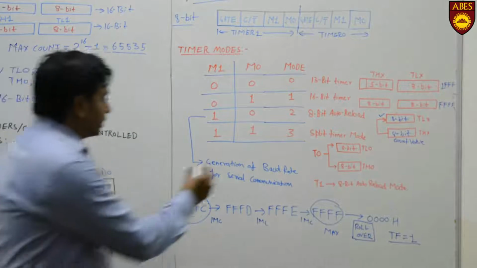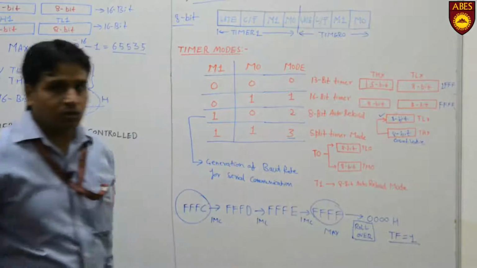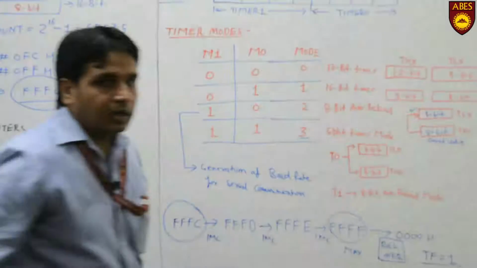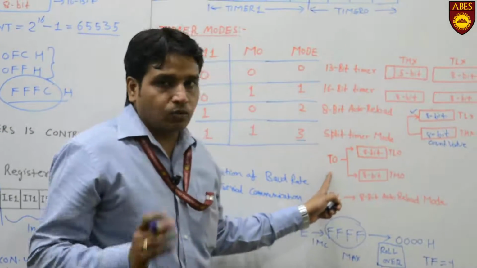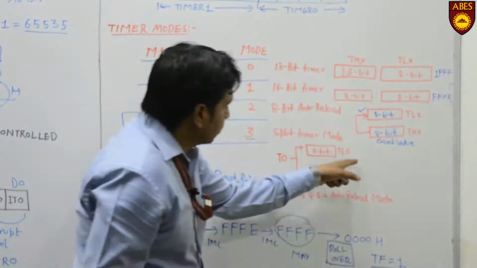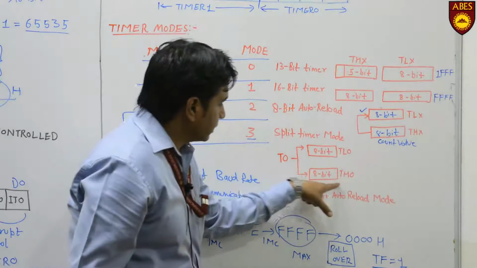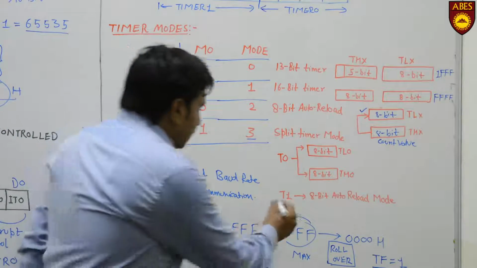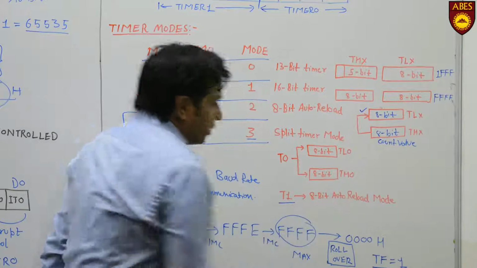Then the last one is mode 3. When the values of M0 and M1 are both 1, mode 3 is selected, and this is called the split timer mode. In this picture, timer 0 is divided into two parts: TL0 is acting as a separate 8-bit timer counter, while TH0 is acting as another separate 8-bit timer counter, while T1 is working as the 16-bit timer counter in the auto reload mode.